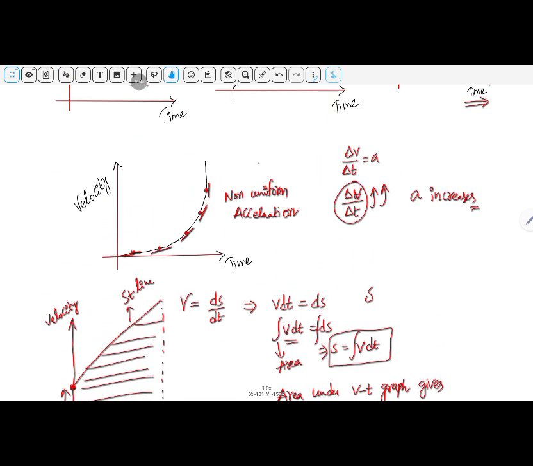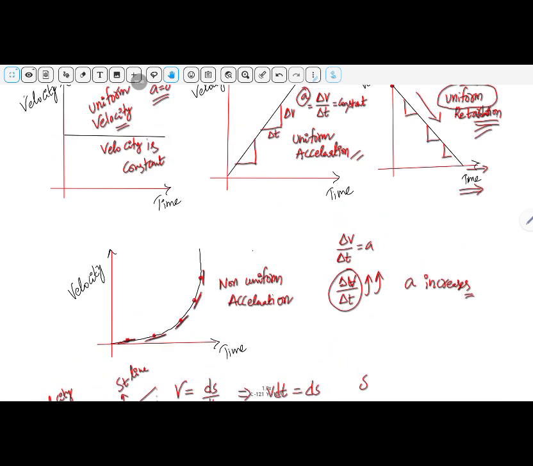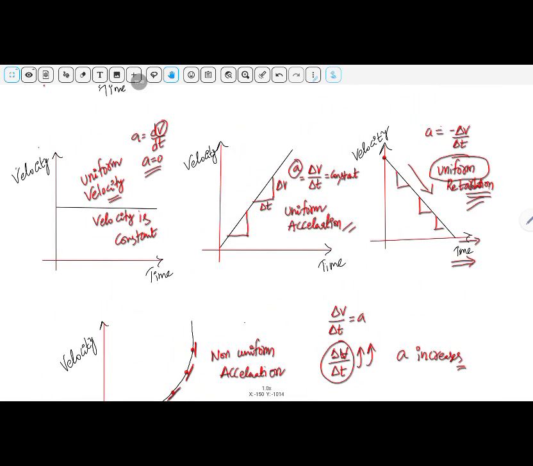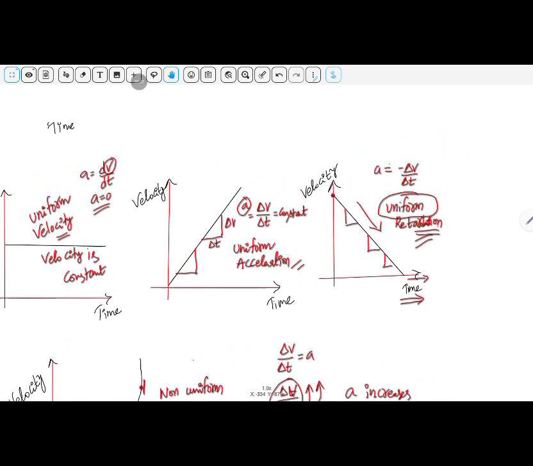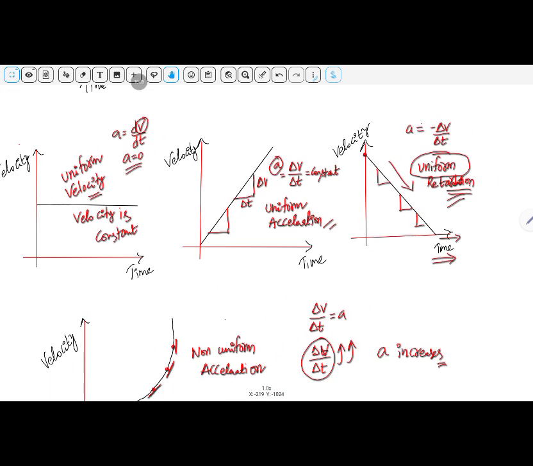Let me quickly recall what we have seen just now. If the velocity versus time graph is a straight line parallel to the time axis, it indicates that the body is moving with uniform velocity.